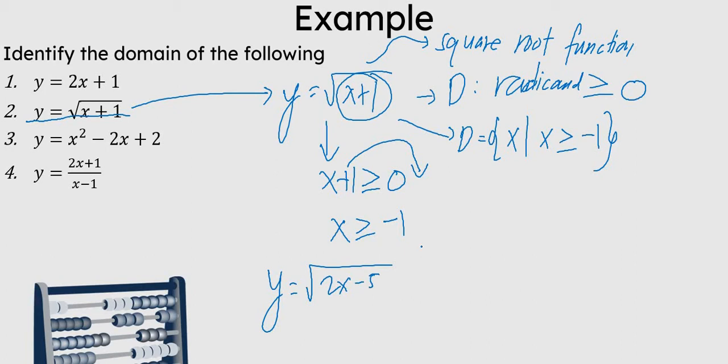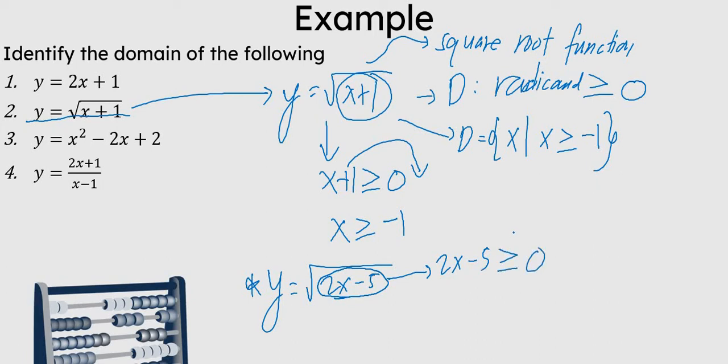So let's say we have another square root function, y equals the square root of 2x minus 5. Pause the video and try to find the domain of this specific function. So to find the domain of this function, we take the radicand. 2x minus 5 should be greater than or equal to 0.